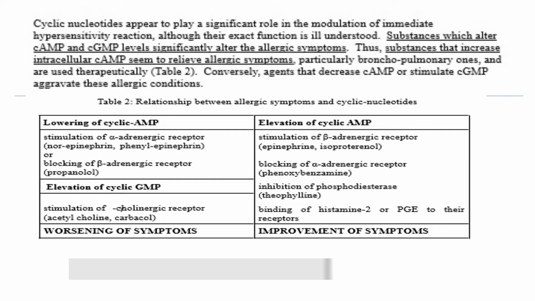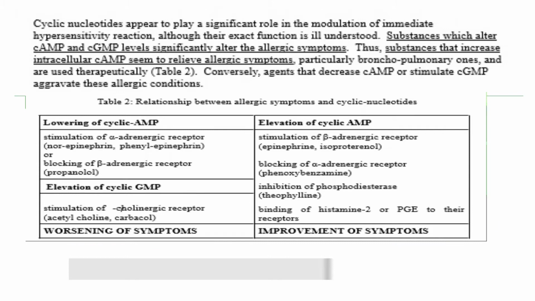Thus, substances that increase intracellular cyclic AMP seem to relieve allergic symptoms, particularly bronchopulmonary bronchospasm, and are used therapeutically. Conversely, agents that decrease cyclic AMP or stimulate cyclic GMP aggravate this type of reaction.